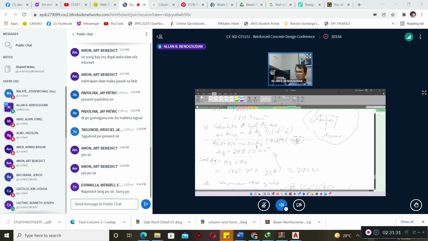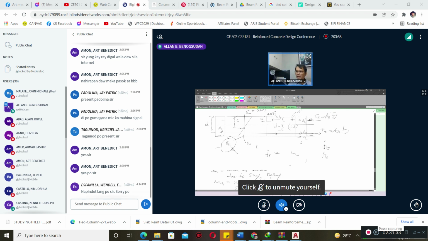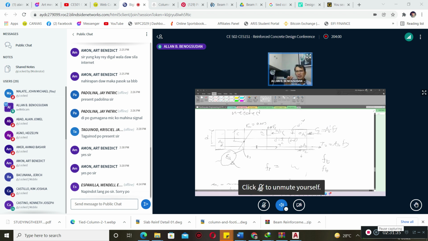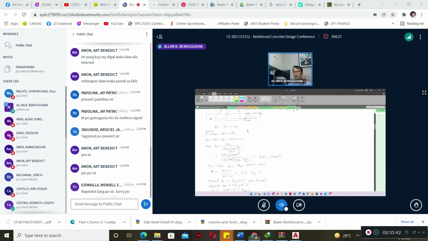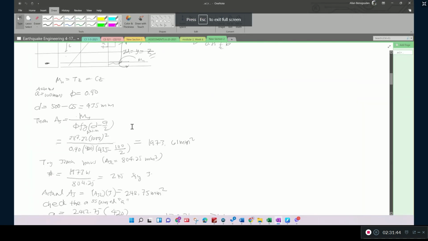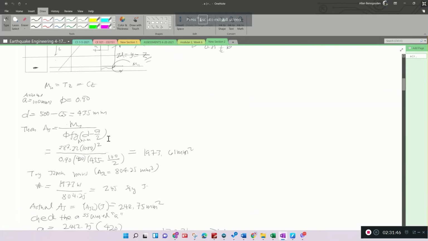Yung mga bagay na yon hindi naman siya straightforward. Kahit very obvious na tension only, hindi mo naman alam na yung P niya 0.90. So, wag mong kalimutan i-check, i-verify yung fee.